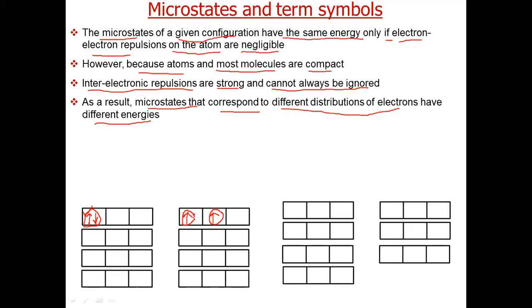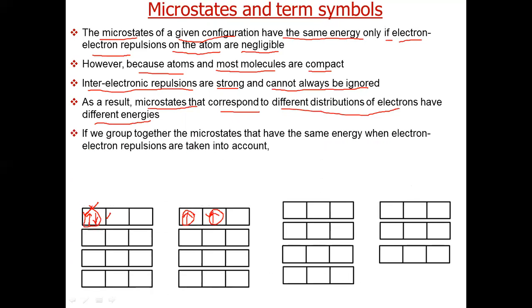So in this case the inter-electronic repulsions are less compared to this case. So this microstate has higher inter-electronic repulsion, so it has higher energy than this state. Similarly, if we draw all these microstates, some states will have the same energy, so we can group together the microstates that have the same energy.